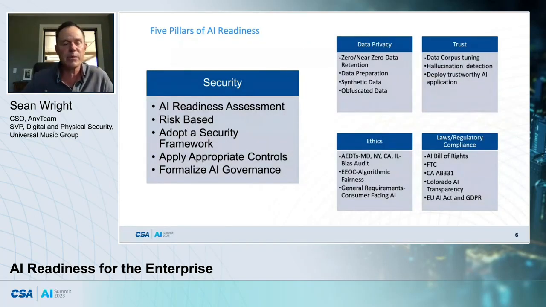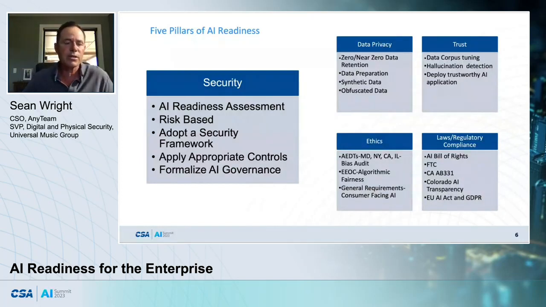The approach should always be risk-based. Adopt some sort of a framework within your organization that can address AI security worthiness and fits within your organization. So you may want to look at NIST. Maybe NIST may not be a good fit, so you may want to look at OWASP. But there are a lot of good ones out there, CSA's AI security framework as well.